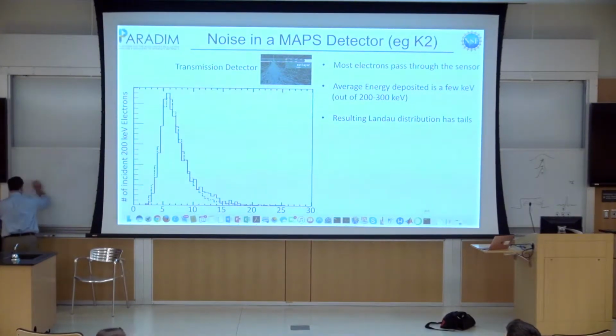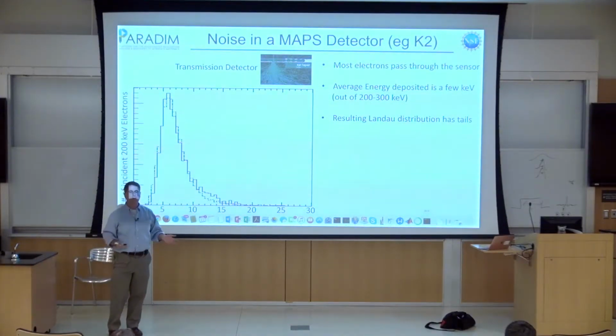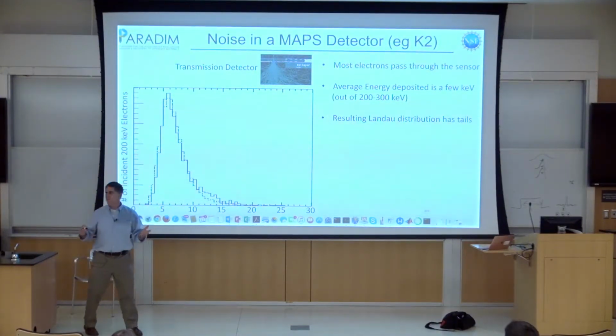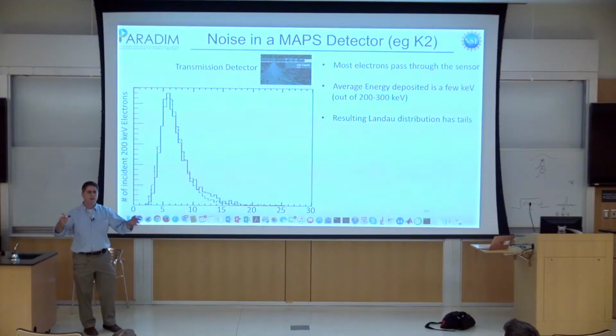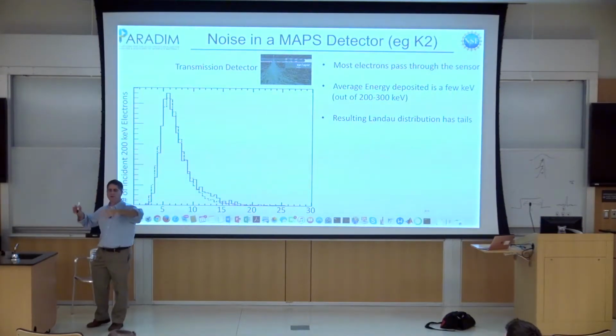So if I took the output of my detector and I just histogrammed, what happens is the first stage of the detector does an analog readout of whatever's on each pixel. There's a little analog transistor, an amplifier, that's going to read out the electrons, convert it to some voltage, and then you're going to digitize the voltage.